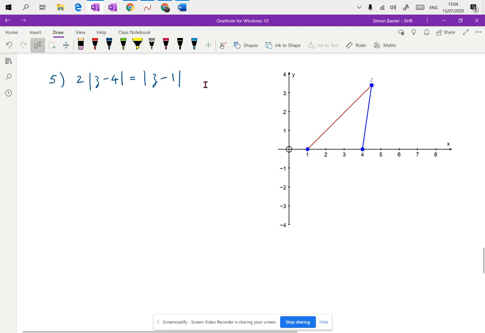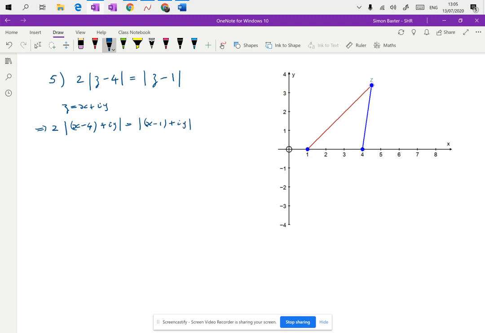Let's put z equal to x plus iy. Then the top equation becomes 2 mod (x - 4 + iy) is mod (x - 1 + iy).